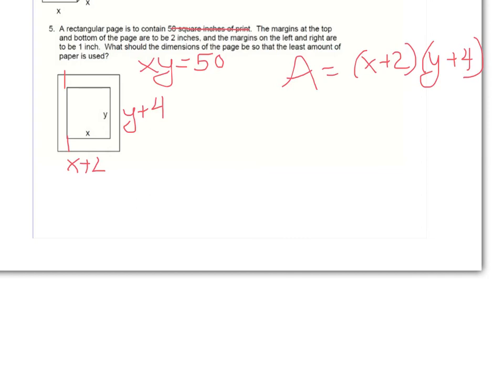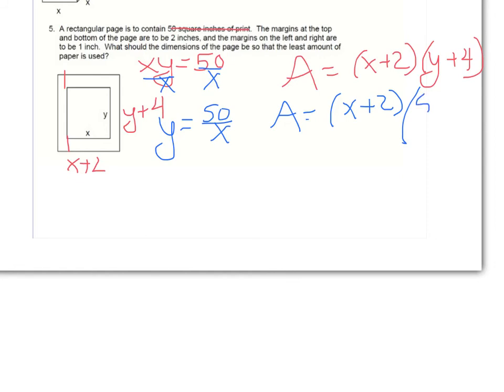We're going to isolate one of the variables, substitute into the right equation. FOIL, box method, distribute.